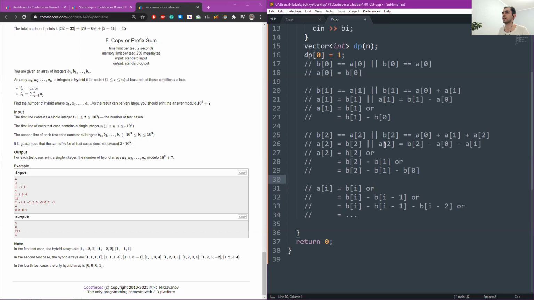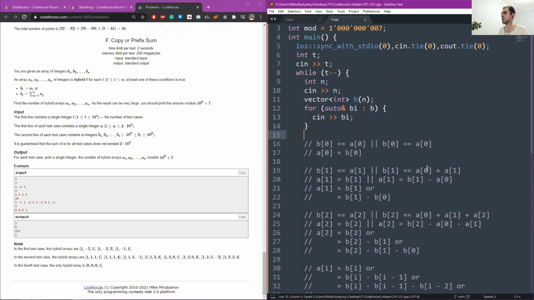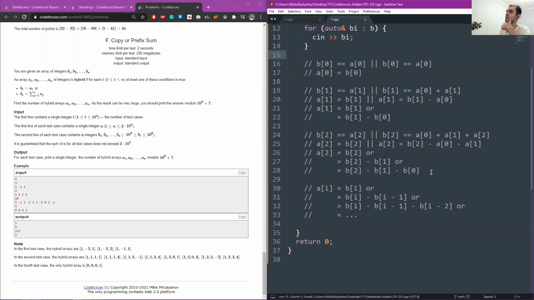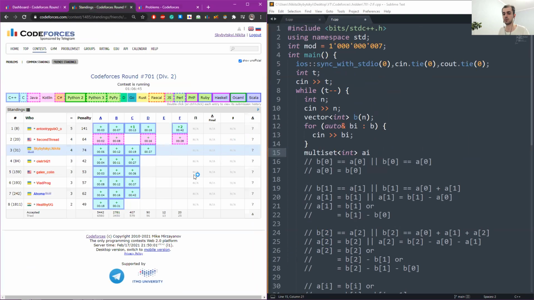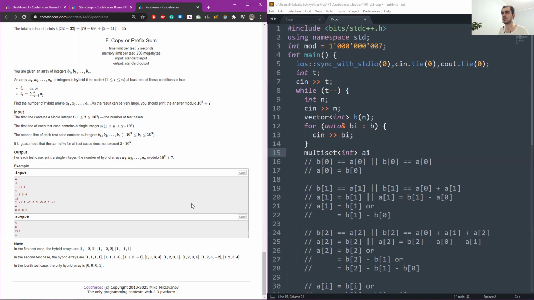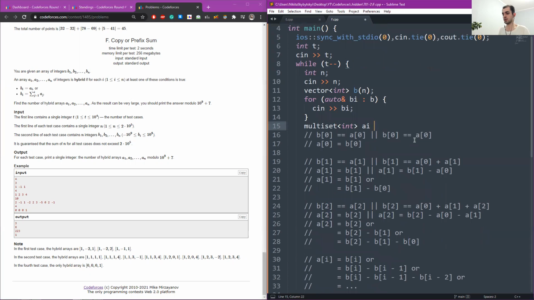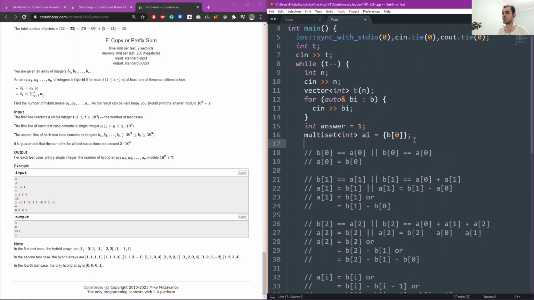Yeah, and you just add, and you just multiply by the size of the multiset. What happens? Okay. A_i equals B_0. It equals 1.